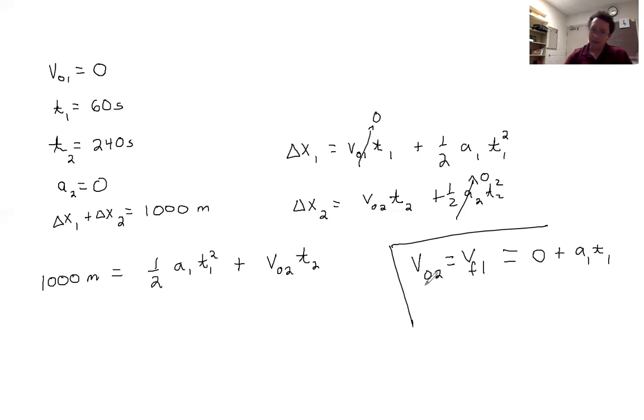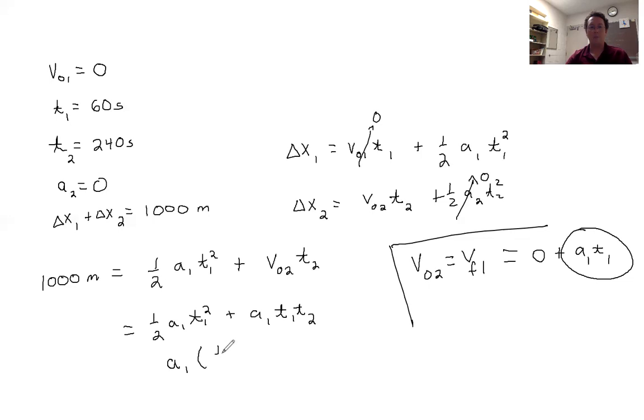So that means I can replace v initial 2 with acceleration 1 times time 1 everywhere I see it. And I can write this as 1/2 a1 t1 squared plus a1 t1 t2, or rearranging, that is a1 times (1/2 t1 squared plus t1 t2) equals 1,000.